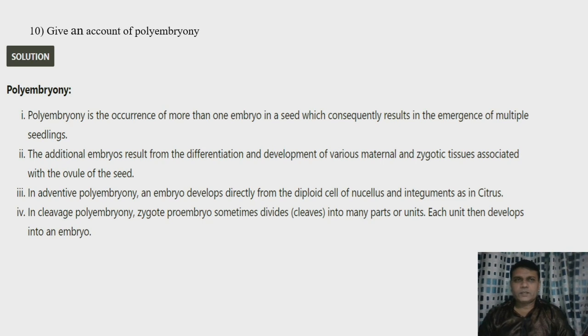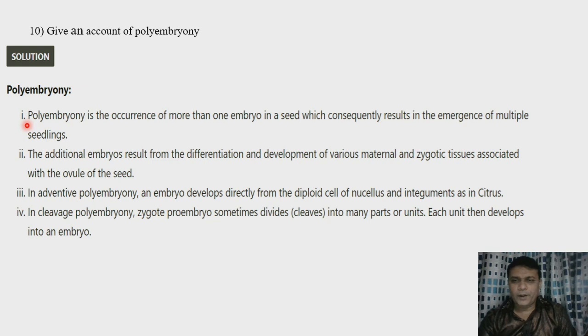Now the last 2 mark question is: give an account of polyembryony. Now polyembryony means formation of more than one embryo in the seed. While writing the answer, you will have to write any 4 correct points regarding polyembryony.